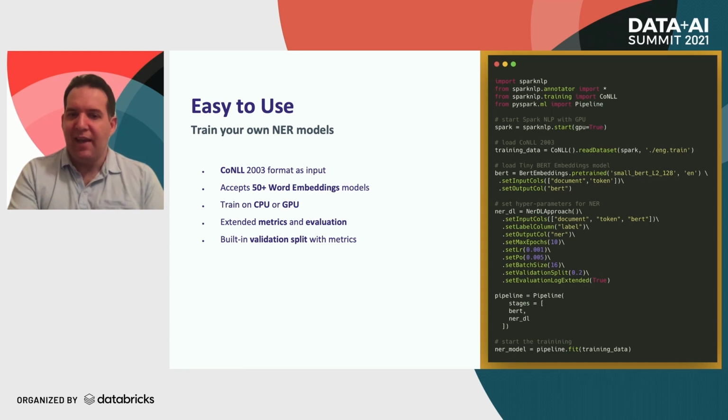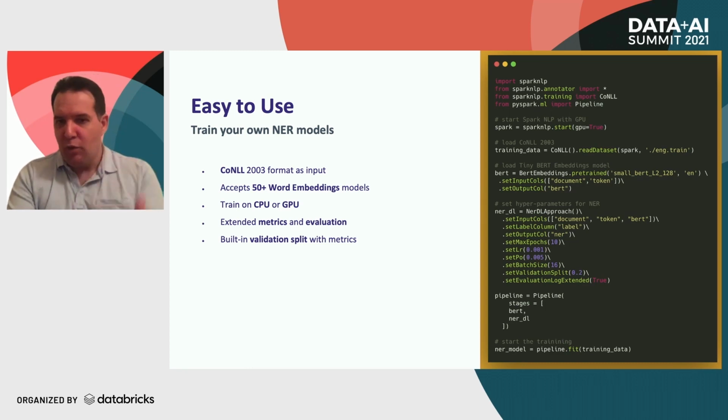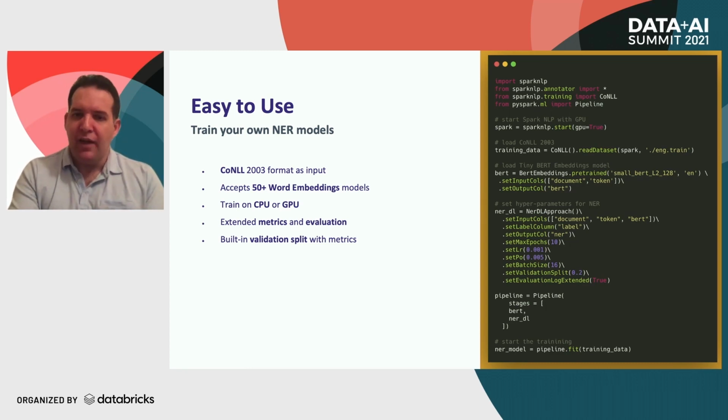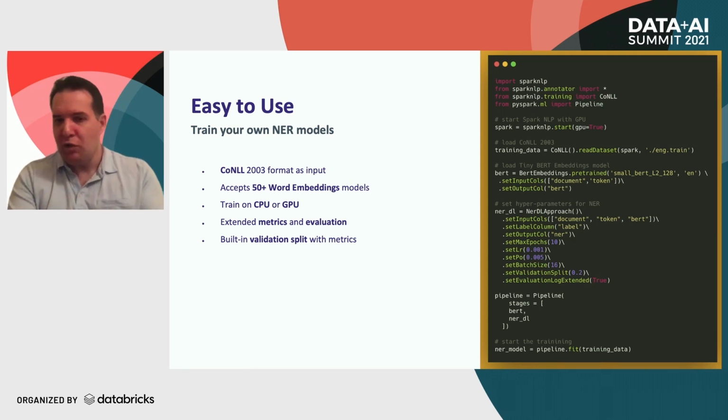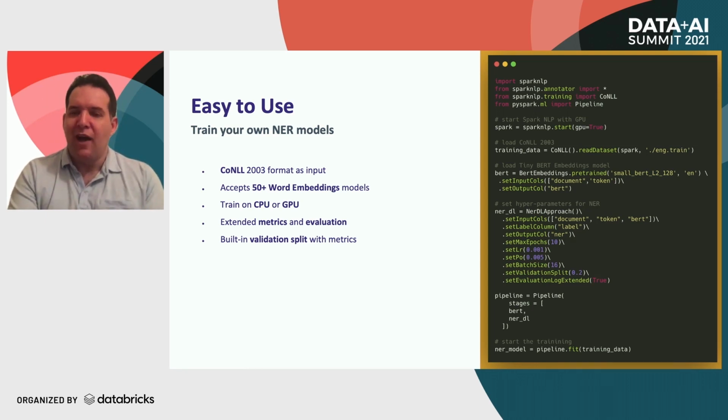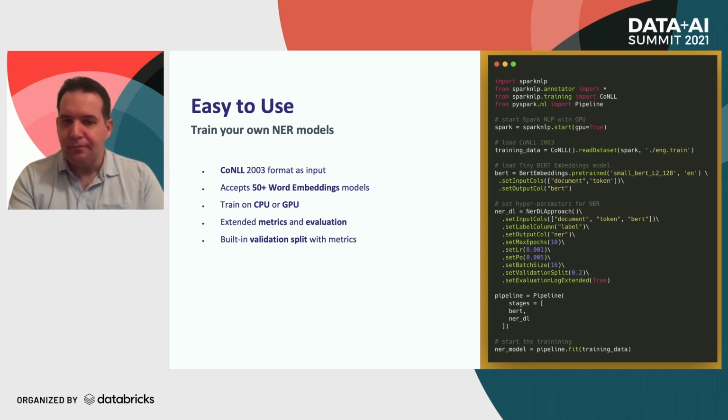So NerDL equals NerDLApproach, and then we configure it. Okay, so the source is which document, what is the token, what are the BERT embeddings of the token. We have where the labels are, right? So this is the label that we train against. The output column is where we want the predicted result to go. And then we set things like max epochs, learning rate, batch size, validation split.